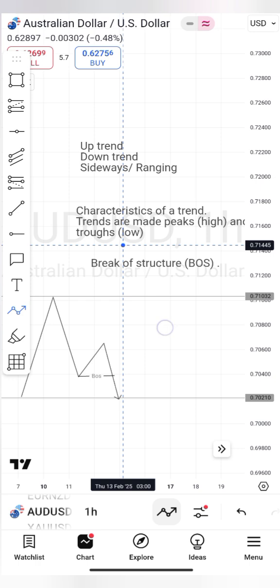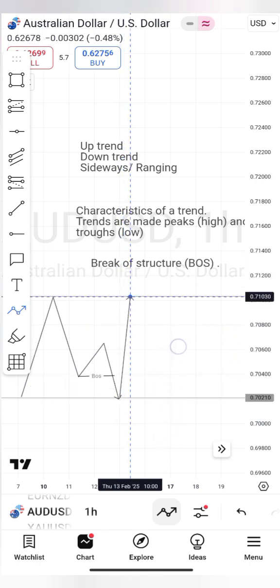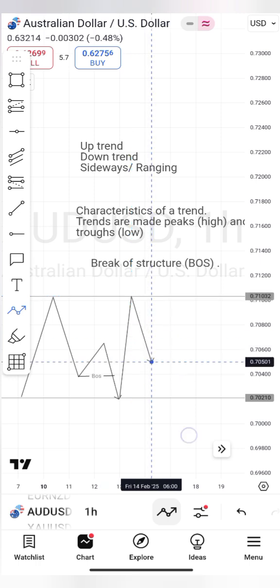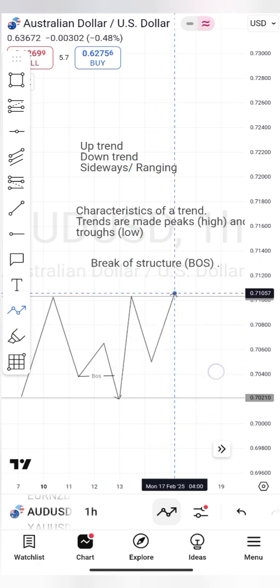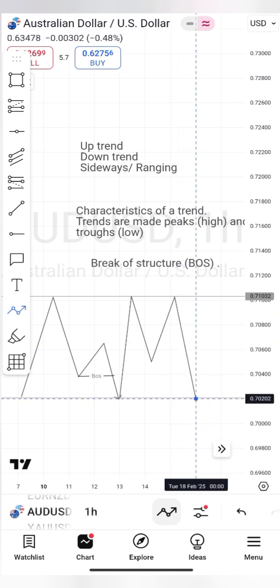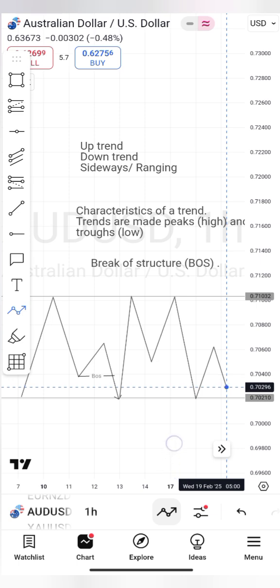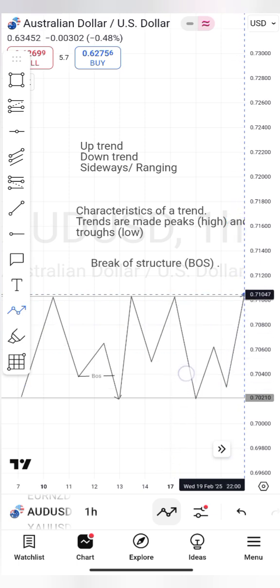What happens next in the sideways or ranging market? The market goes up again, okay, comes down, goes up, comes down, goes up, comes down, goes up, comes down. The market will do this a lot of times.